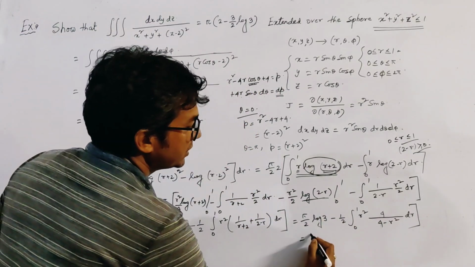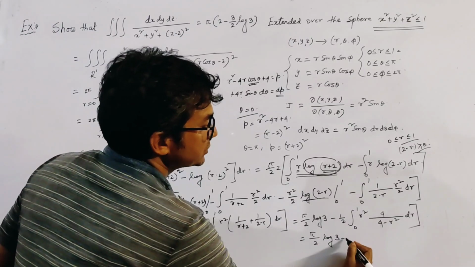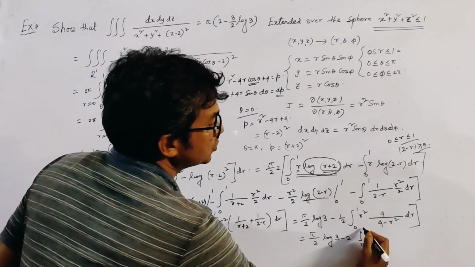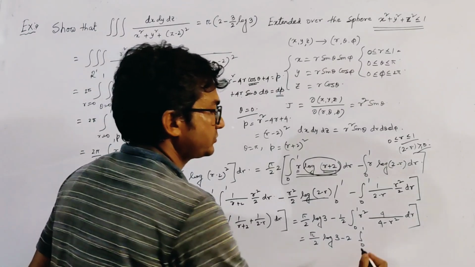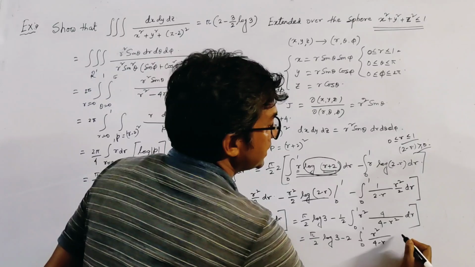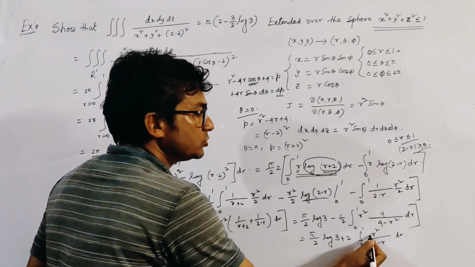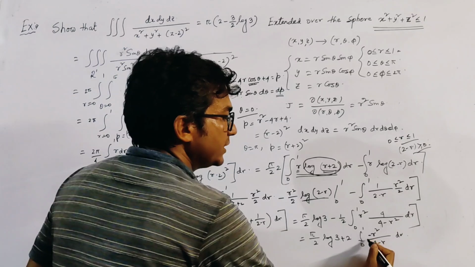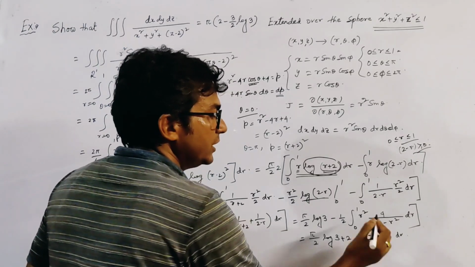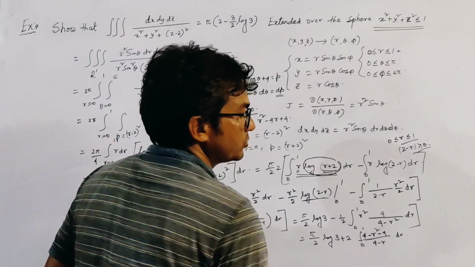So we get here pi by 2 into log 3 minus 2 into integration 0 to 1 r square by (4 − r square) dr. We write this term as positive, so this is negative, and we write the numerator as 4 minus r square minus 4.